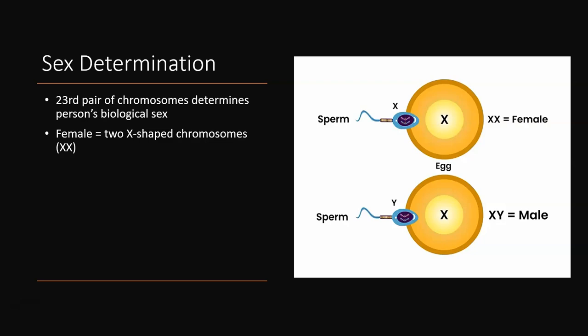Female humans typically have 2 X-shaped chromosomes. And why am I saying typically? Well, you can have a person who appears externally, in terms of their external sex characteristics, to present female or to present feminine. They may or may not have 2 X-shaped chromosomes.